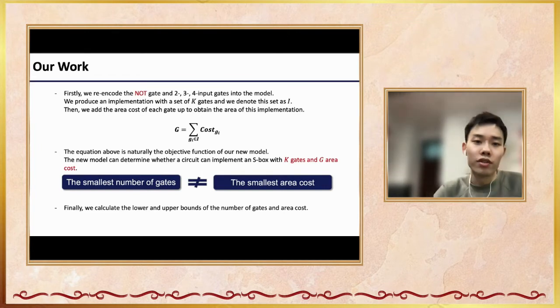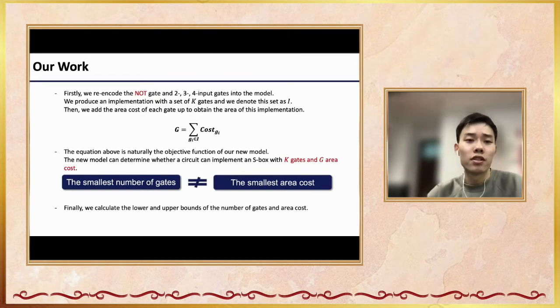Next, I will give an overview of our work. Firstly, we re-encode the NOT gate and 2, 3, 4 input gates into the model. We produce an implementation with a set of K gates, and we denote this set as I. Then we add the area cost of each gate up to obtain the area of this implementation.